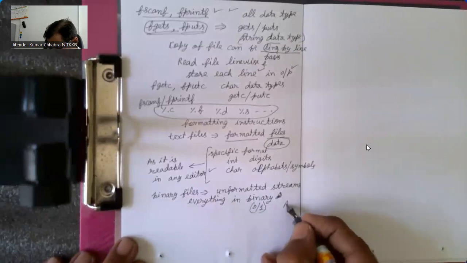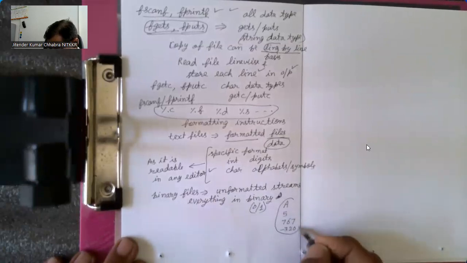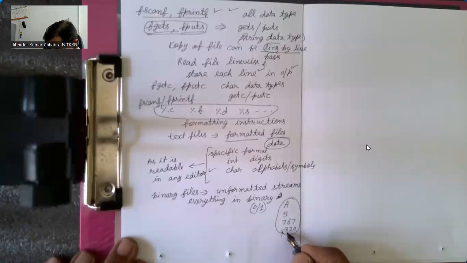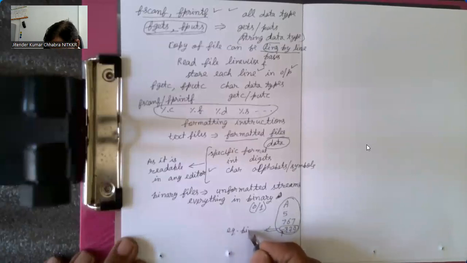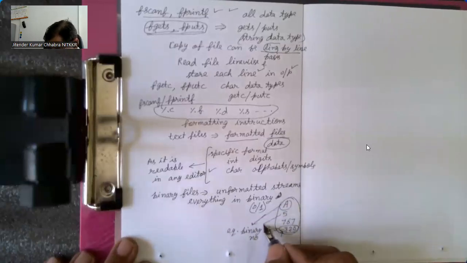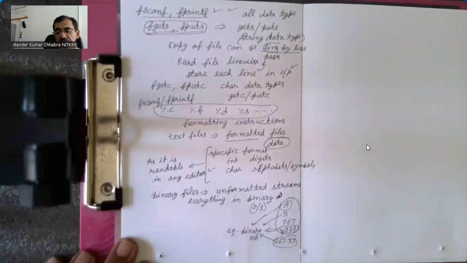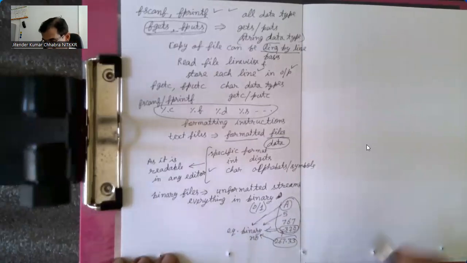So whether you store A or 5 or 767 or -320, -320 doesn't mean a dash, symbol 3, symbol 2, symbol 0. It will be an equivalent binary number, and that binary number will be stored. A will have an equivalent binary number, 5 too, and 267.33 also. Everything will be stored in binary form only.